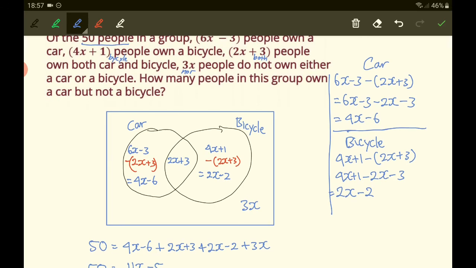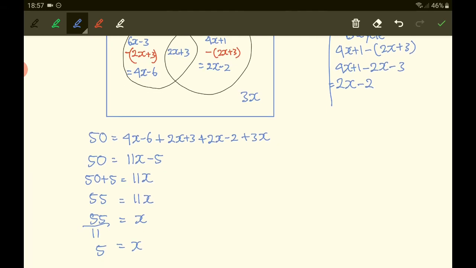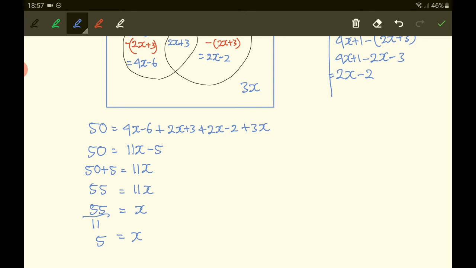The question here is how many people in this group own a car but not a bicycle? In other words, own only a car. So the number of people that own only a car, in conclusion, the only car owner here is equal to 4x minus 6.